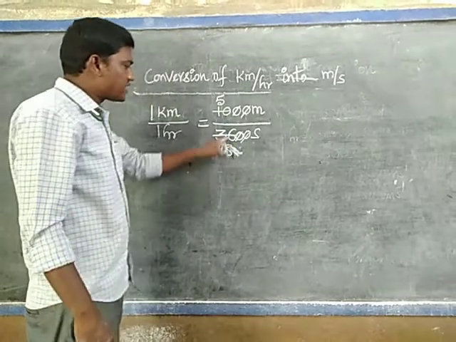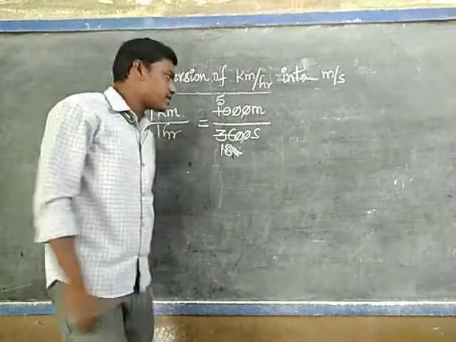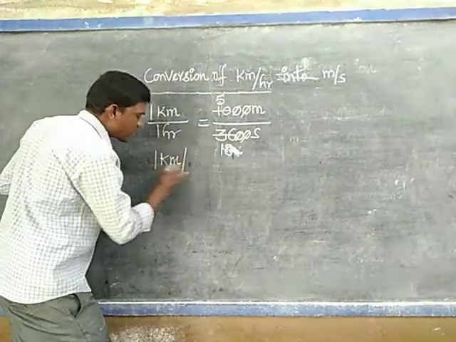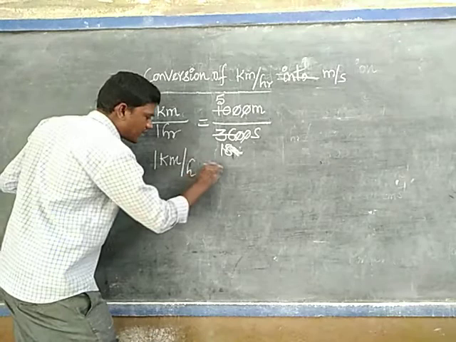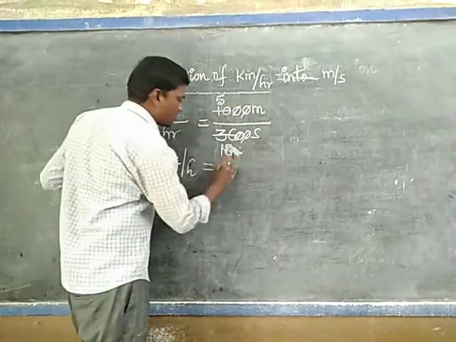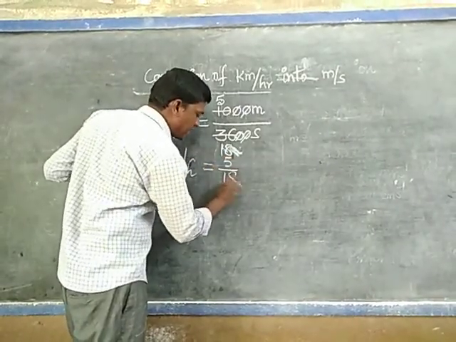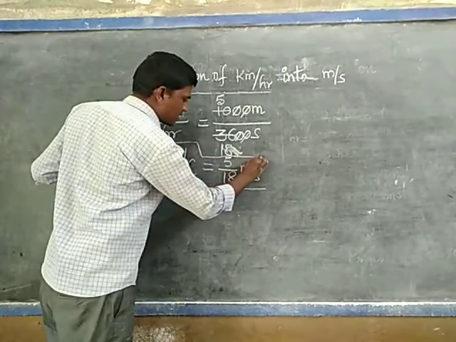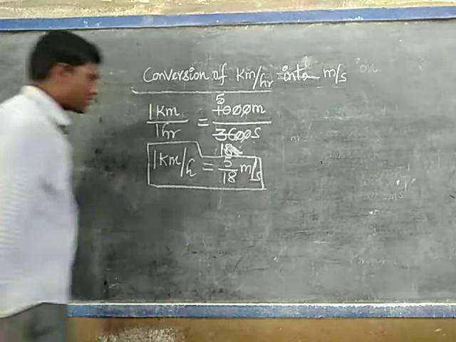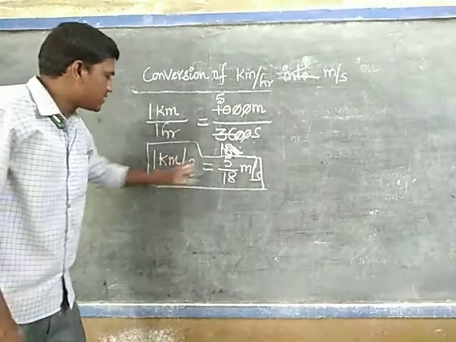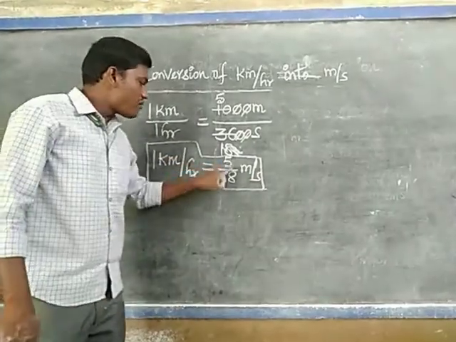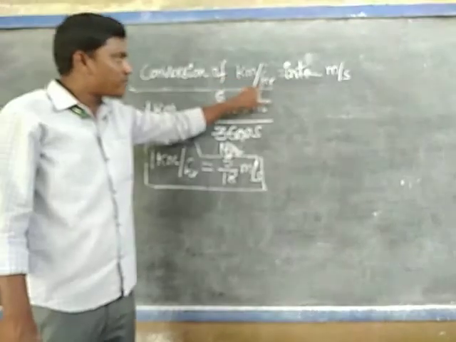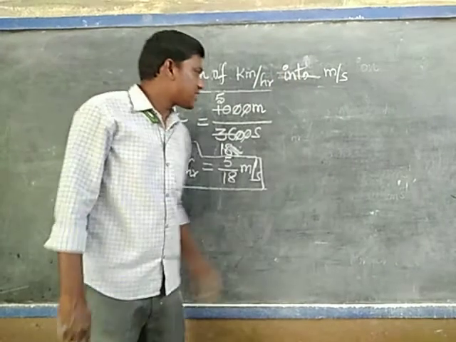That's why you can write 1 kilometer per hour is equal to 5 by 18 meters per second. So this is the relation. That is the conversion of kilometer per hour into meter per second.